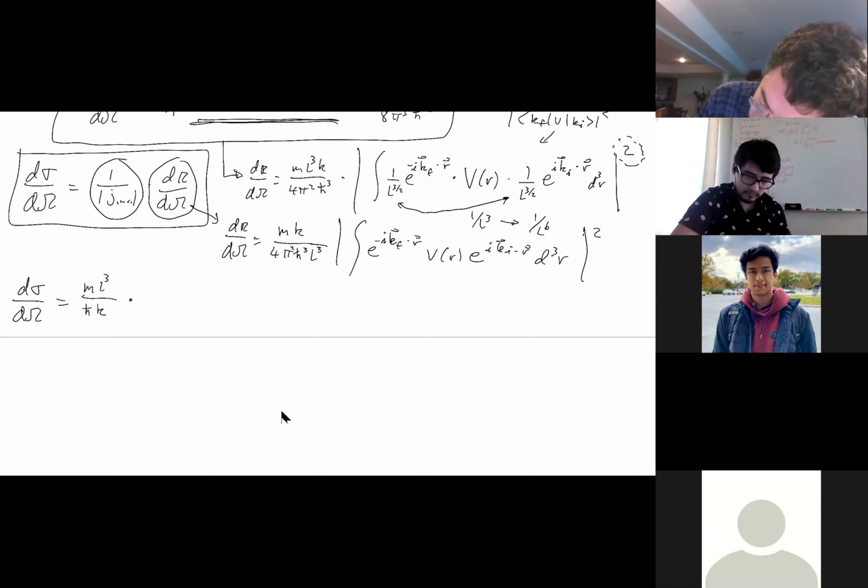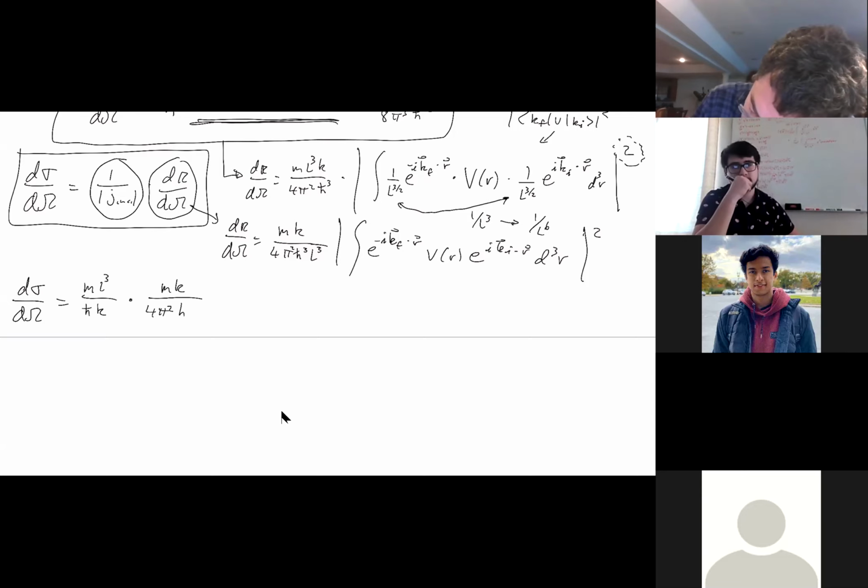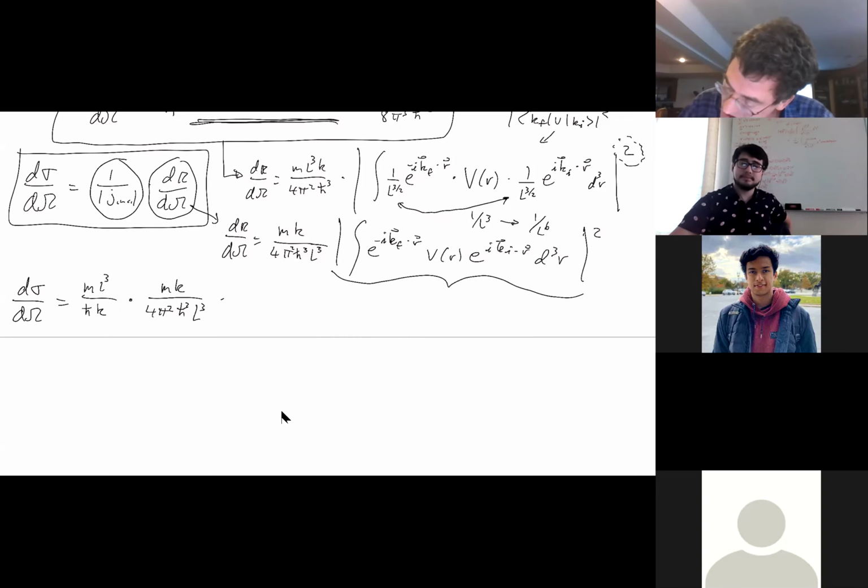And that's going to multiply the m k over 4 pi squared h bar cubed L cubed times this thing. And this thing here, I'm just going to call my matrix element, k final, V of r, k initial, but I got to put a tilde over it.